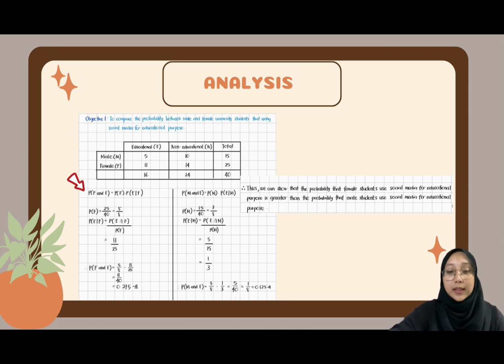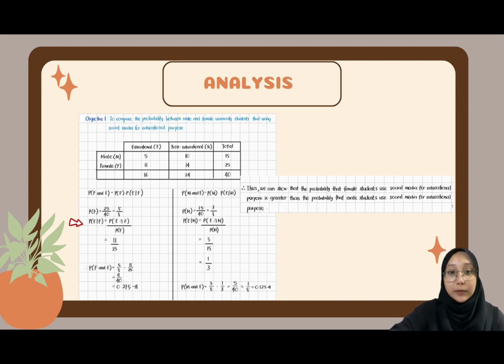First, we must find P(F and E), where F stands for female and E stands for educational. And the formula is probability of F times probability of E given F. Probability of F is equal to 25 over 40 or 5 over 8, which we got from the table above.